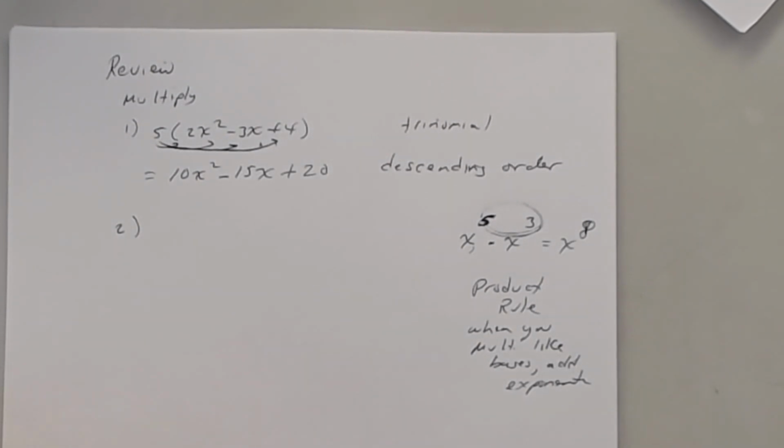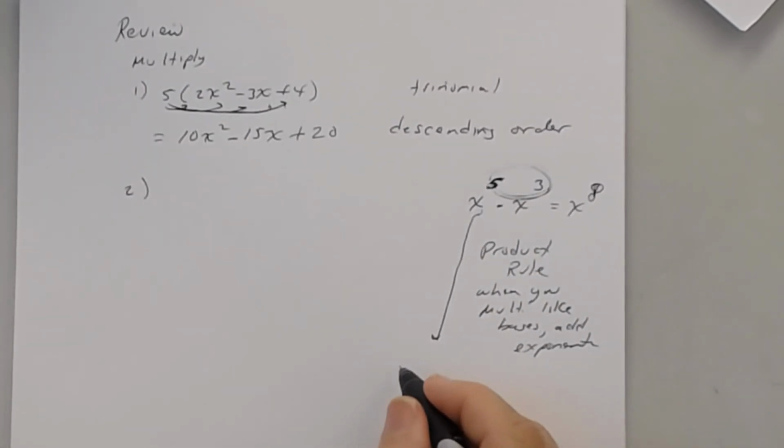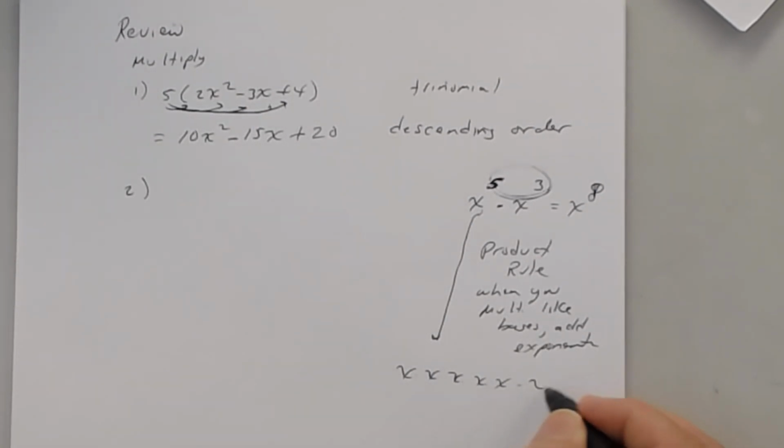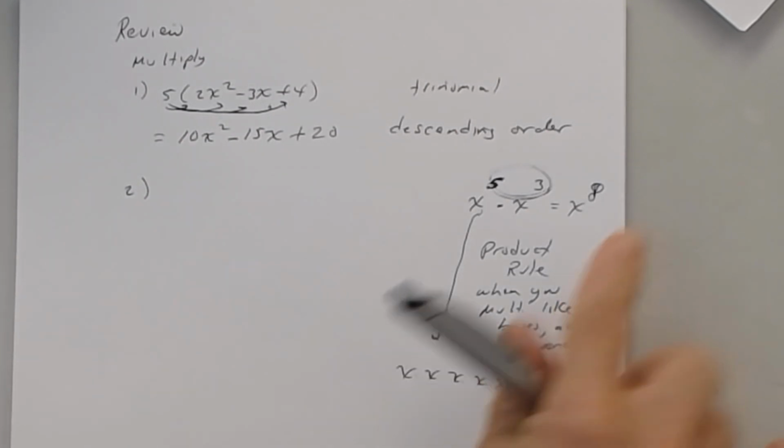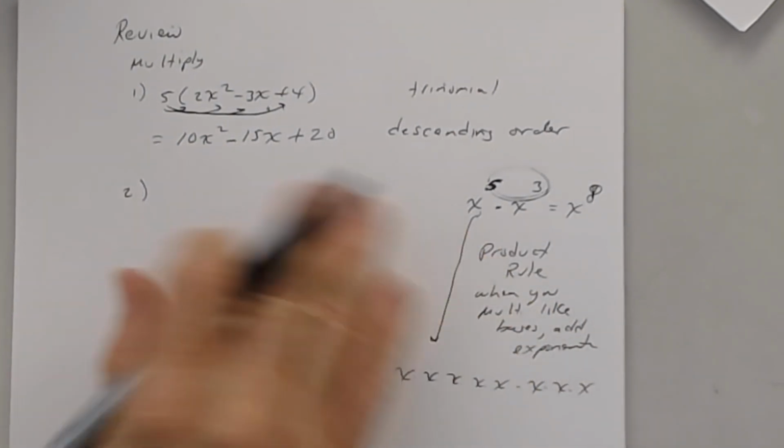It makes sense that that's what's happening because x to the 5th is the same thing as x times x times x times x times x. And isn't x cubed the same thing as x times x times x? So how many factors of x are being multiplied together? 8. So x to the 8th. All right, now let's use that idea with number 2.